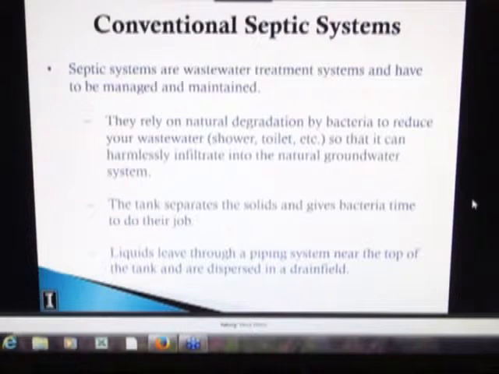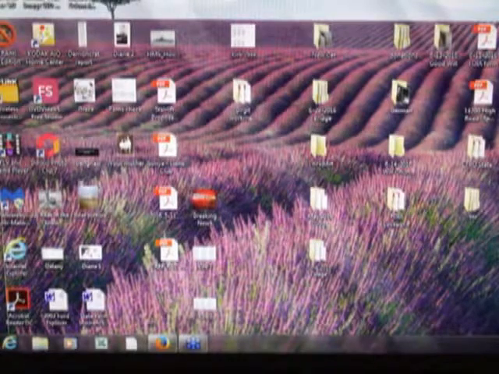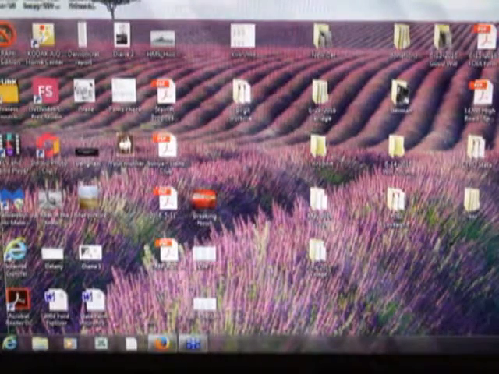It starts out with a septic tank and then goes to a septic field. The tank separates the solids, and it also gives the bacteria time to do their job, so to speak. So there are really two parts to the system. I'll show you an example next. And then the liquids leave through a piping system that disperses through a drain field if it's set up properly.